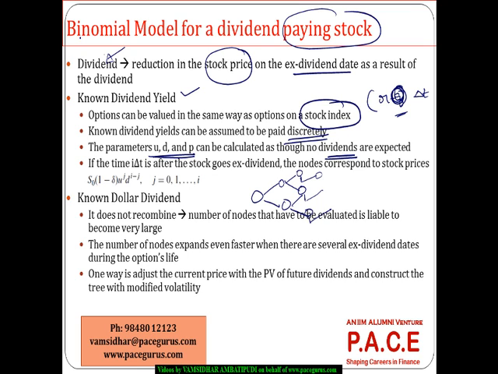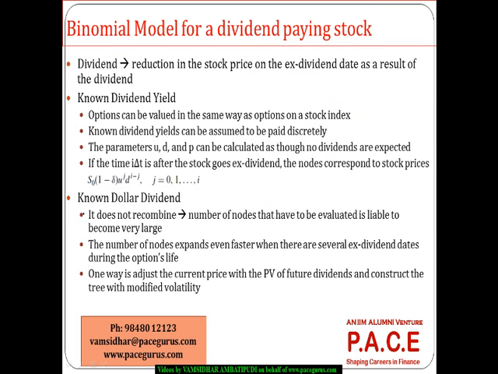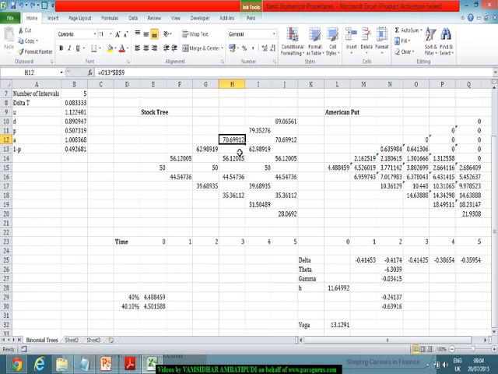But when I talk about a known dollar dividend rather than a percentage dividend or a yield, say I know that this company is going to pay a dividend of $3 or $2 at the end of 2 months, then at that point the stock price reduces by, let's say, $1 or $2.